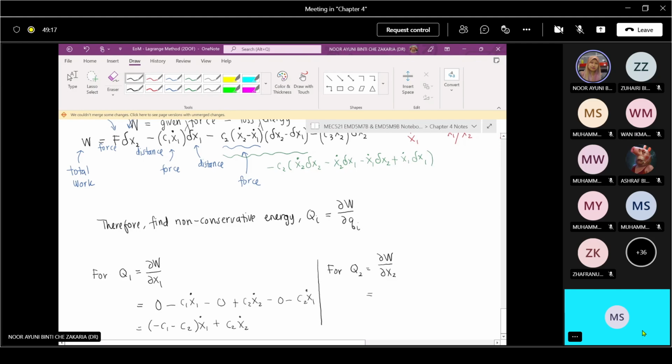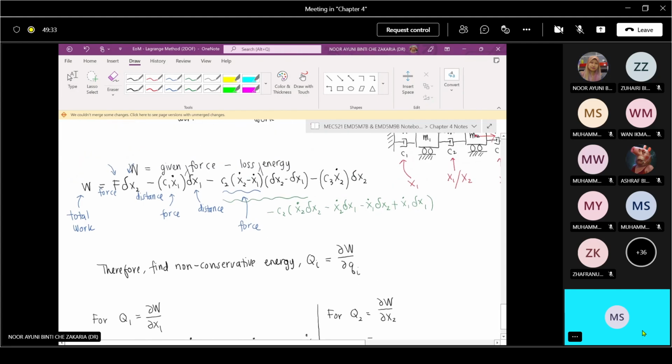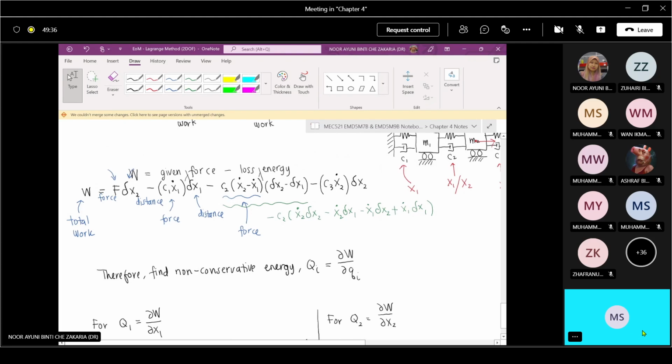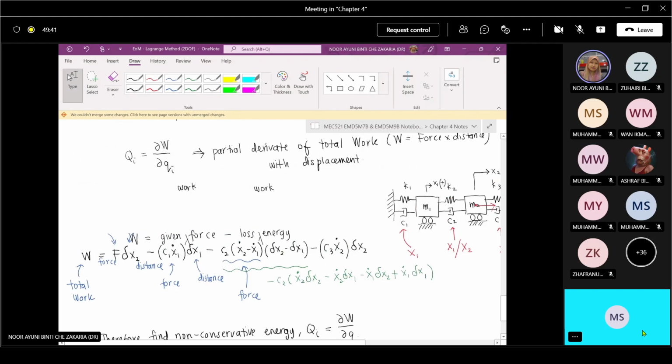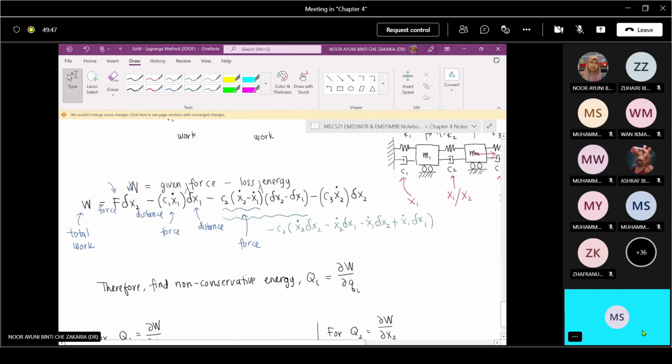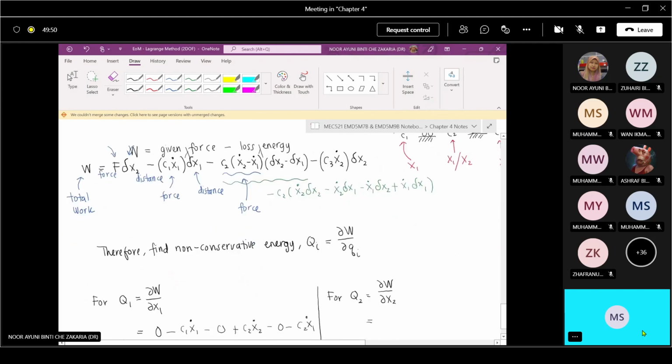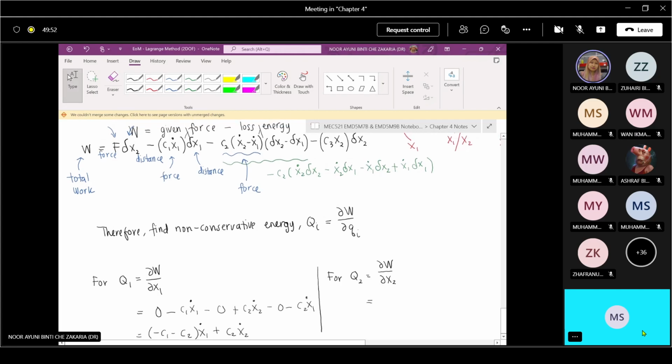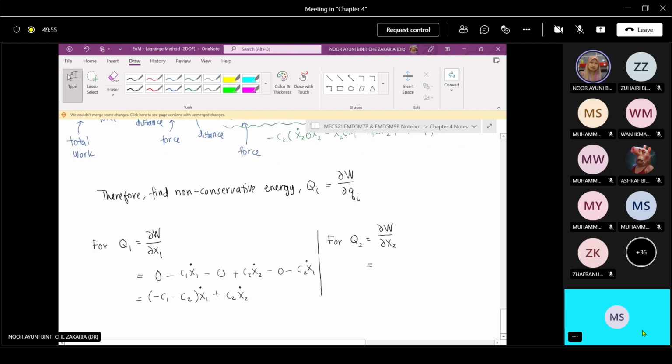Okay, now we go for Q2. Differentiation, partial differentiation of total work against x2. Someone is messing with my notes. Something is moving, I'll fix it in a moment.